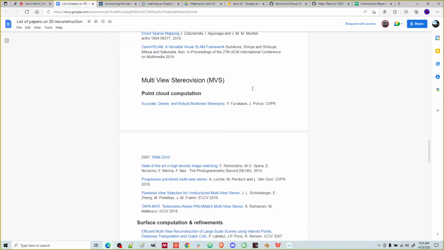For multi-view stereo vision, instead of just one perspective of that particular camera, you have 2-3 perspective views of that same scene that you're trying to model. Right. So it has slightly less data and makes slightly more approximations as to what the model will look like. So point cloud computation, making the surface mesh based on those point clouds.